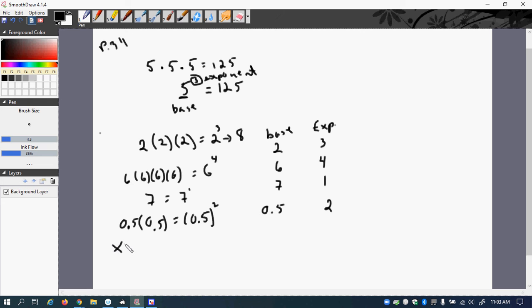We can go x multiply x multiply x multiply x multiply x, where that's just going to be x to the fifth. Because x's are variables, and the variables are numbers that we just don't know what they are yet. So again, the base is x, and then the exponent is 5. So again, it's just another way of looking at that.